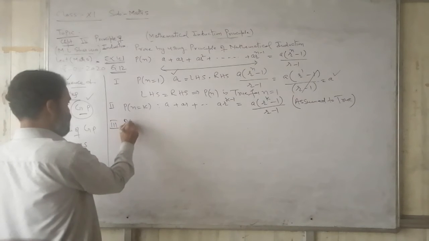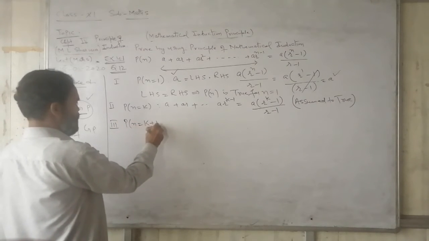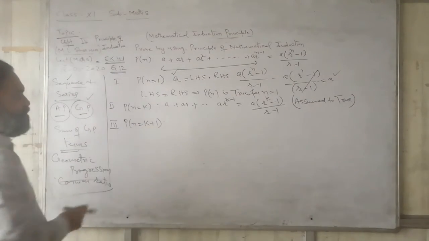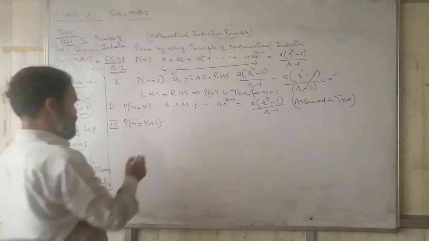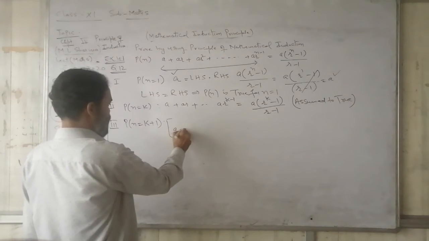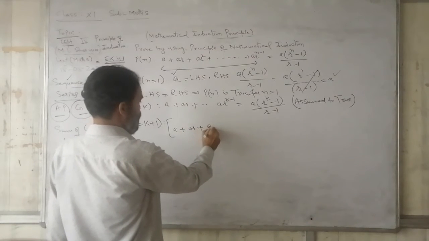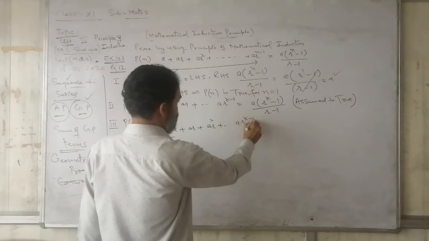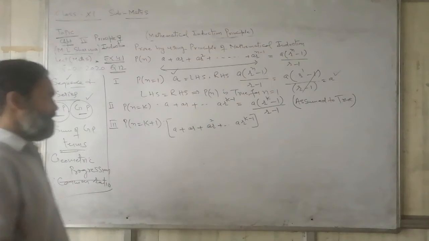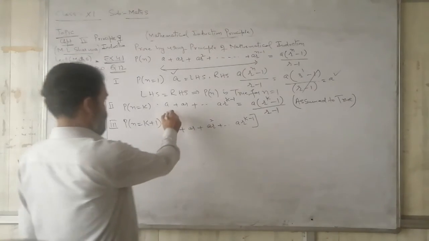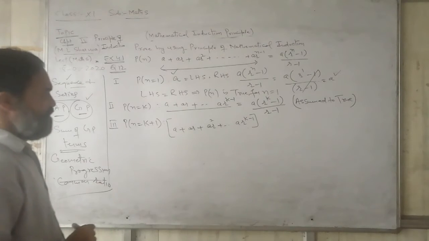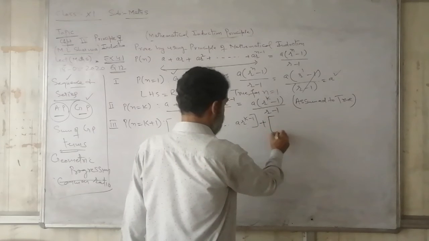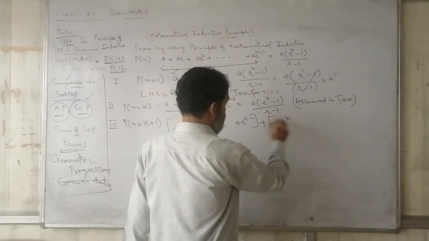The second is done, and the main step is the third step. According to this step, we have to prove whether this statement is true for n equal to K plus 1 terms. So let us see. A plus AR plus AR square up to AR^(K minus 1). This I have written as the left hand side, up to the Kth term. So the next term will be AR^K.